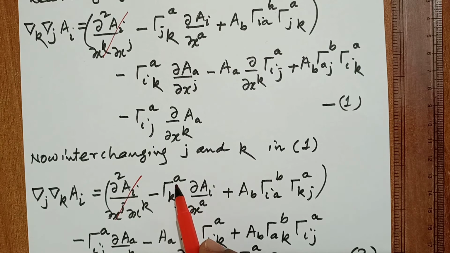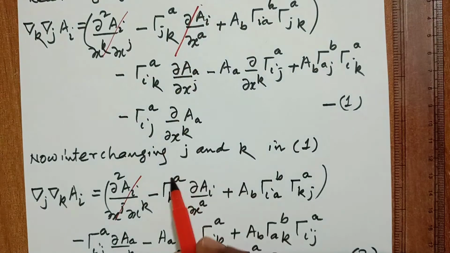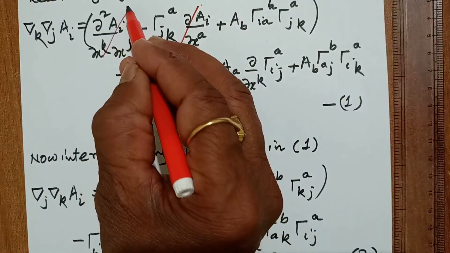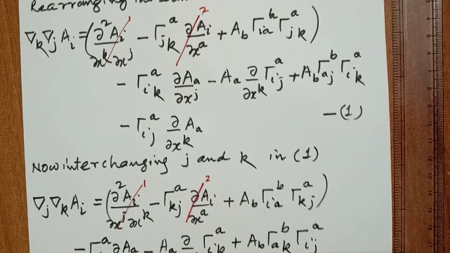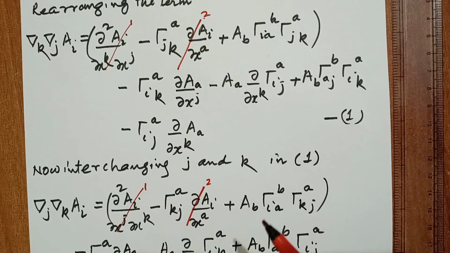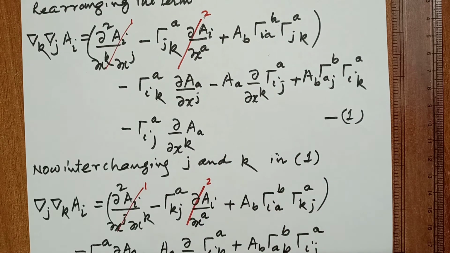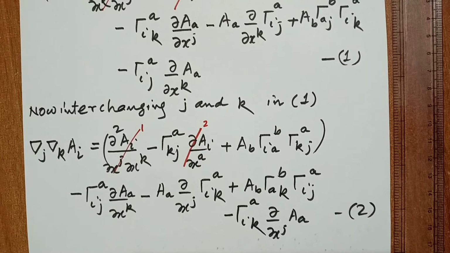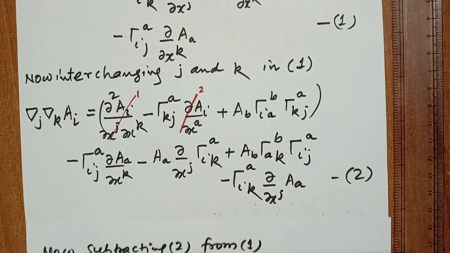We know the Christoffel symbol of second kind is equal if two indices are symmetric, meaning a_kj is equal to a_jk. So this cancels. Second, this is first, this is second. So here we see how many terms are here.